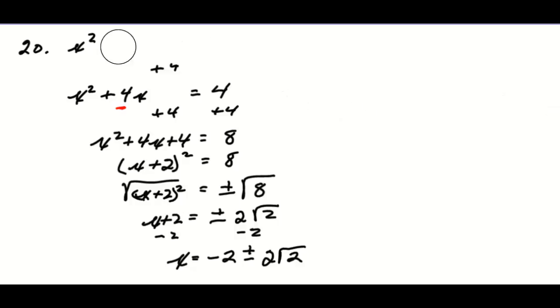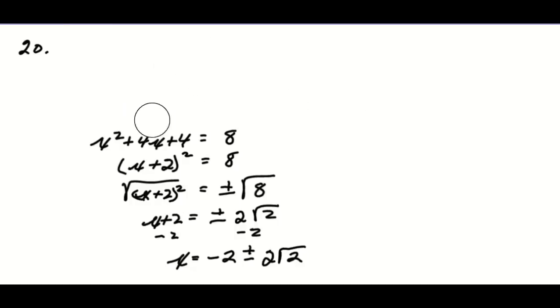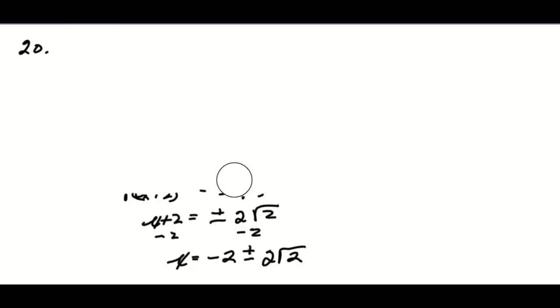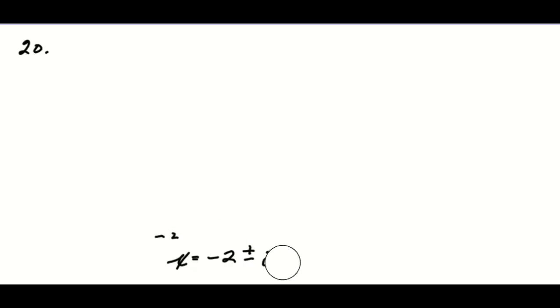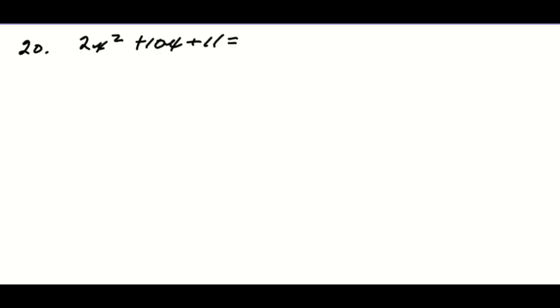With 28, we have a 2 in front of our x squared variable. So we have to deal with that 2. We have 2x squared plus 10x plus 11 equals 0. Our first step is still to subtract 11 from both sides.